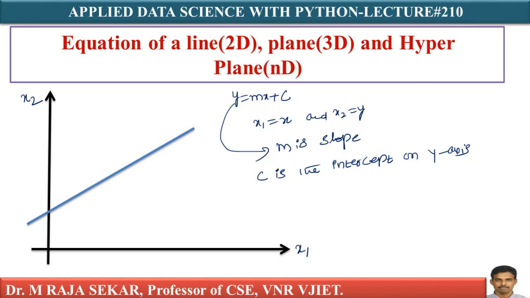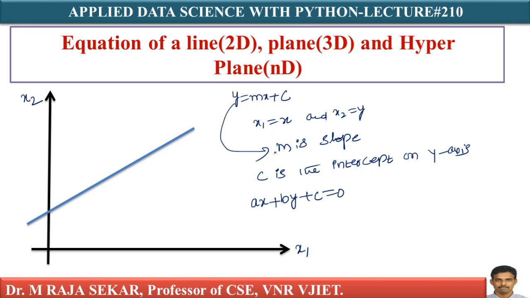There is another equation of the line. You can write a line in the general form. I can write the line equation as ax plus by plus c equal to 0.